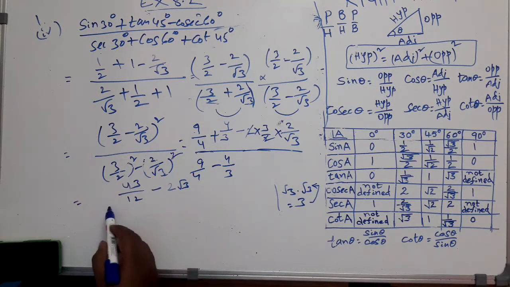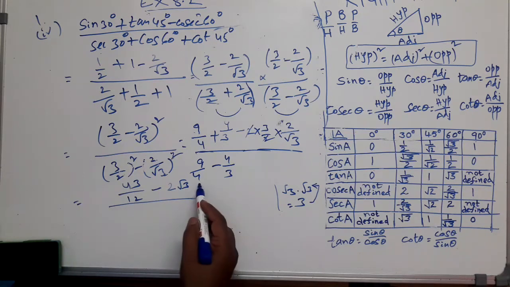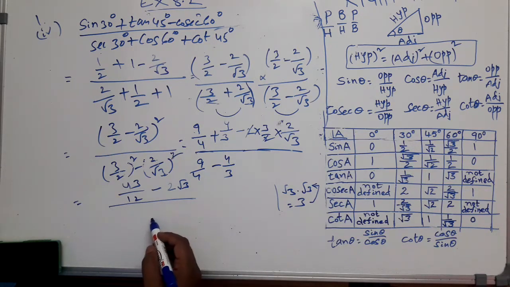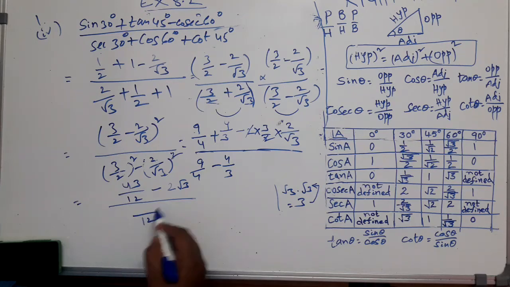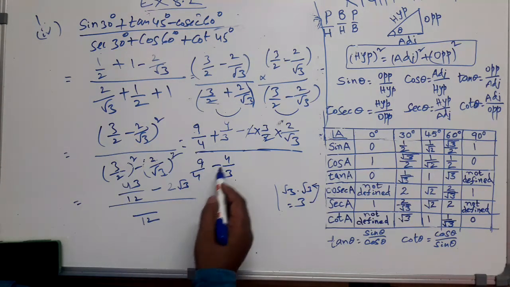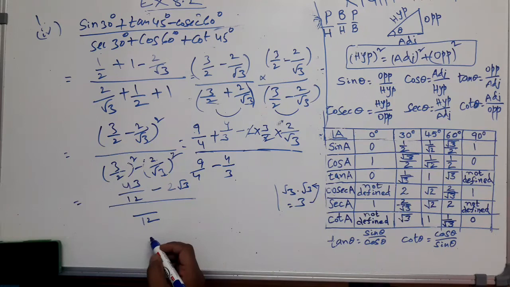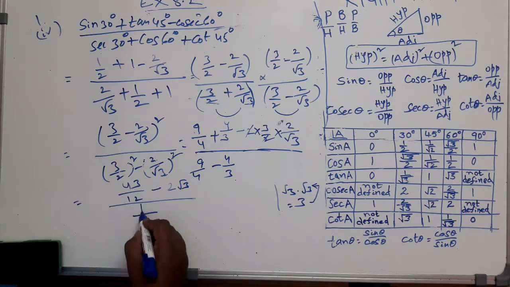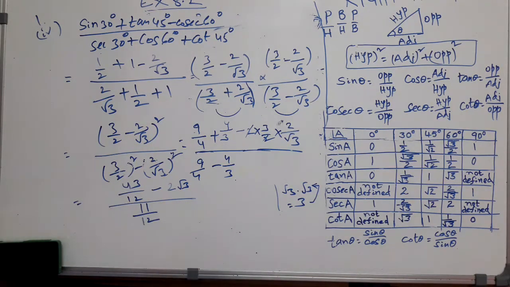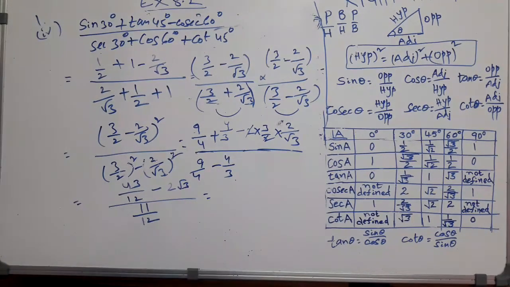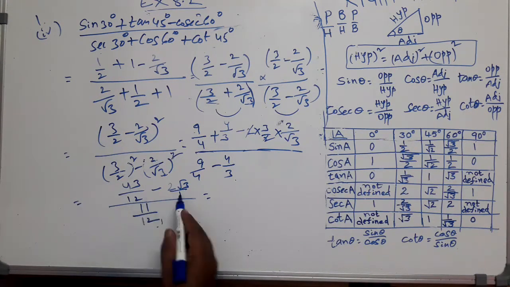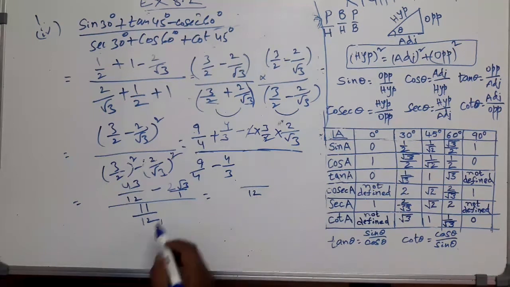Yes. Upon, what is the denominator here? Yes, 12. Numerator 27 minus 16, that is 11, right? Yes. Let us simplify further. Yes, this is 1, right? What is the LCM here? 12 and 1, 12.